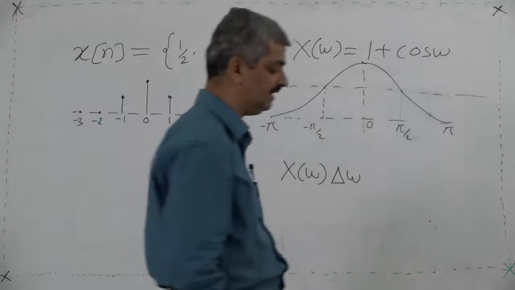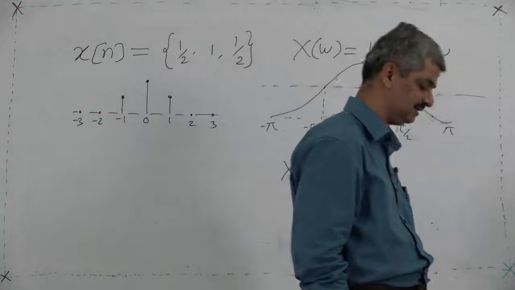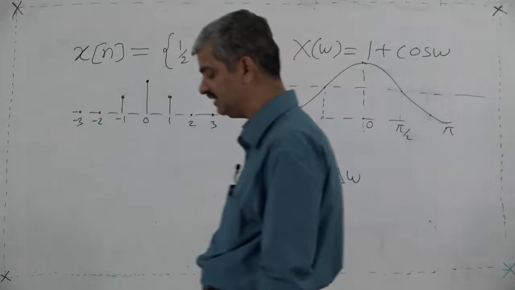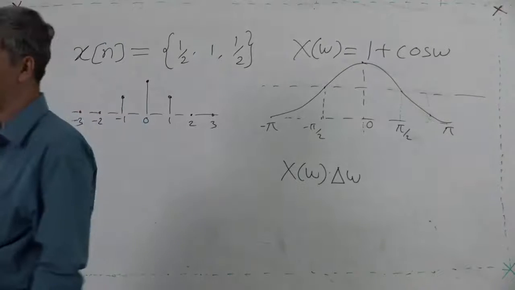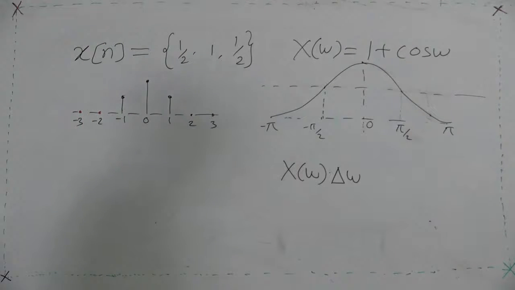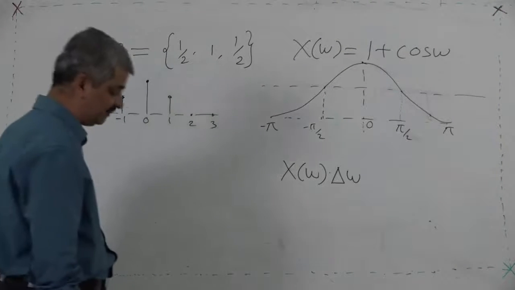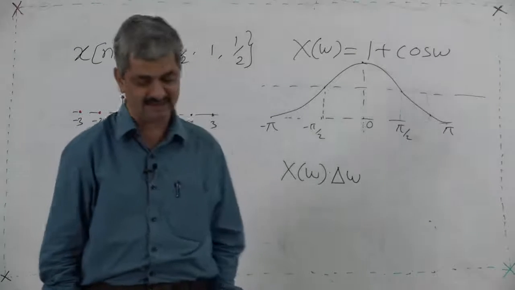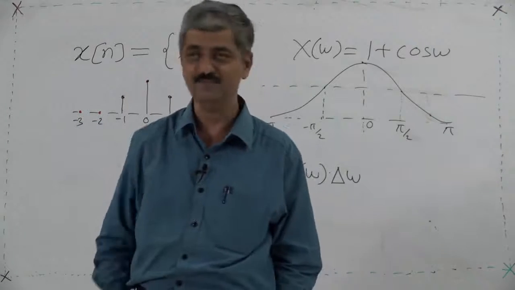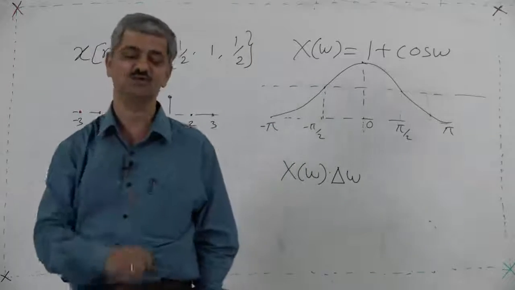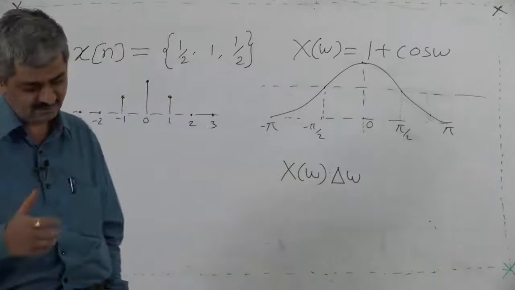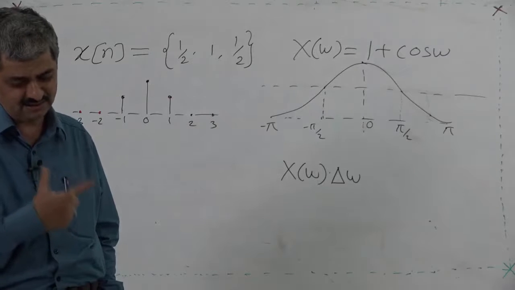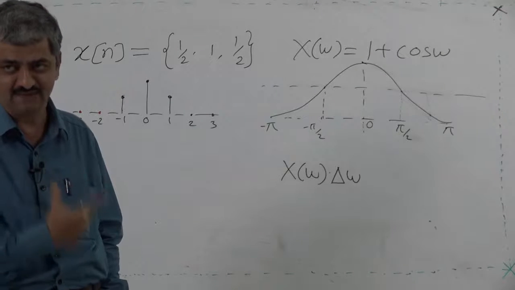By taking help of the discrete time Fourier transform, values of the discrete time Fourier transform for various omegas, I am able to represent different rotating points, and I claim that they sum to my given sequence. So, what do I do now? But the problem here is that infinite rotating points, that I will make finite.